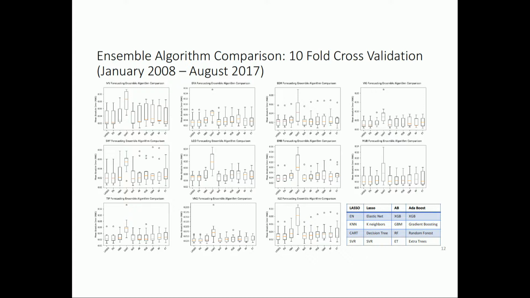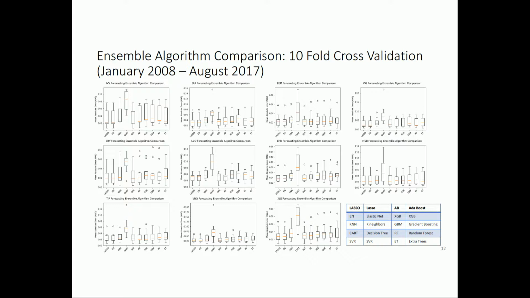So for individual assets, I just run these 10 popular machine learning models. I just want to say, hey, which one is better? So here I have Lasso, ElasticNet, KNN, CART, SVR.